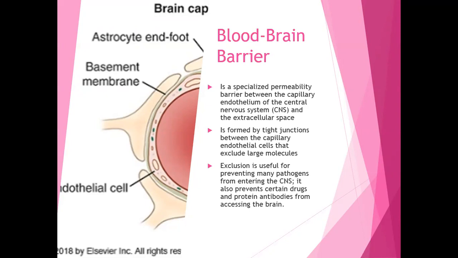Well, they can't get across the blood-brain barrier. So a lot of medications, like the primary medication used in Parkinson's, carbidopa-levodopa, are a precursor form of dopamine because dopamine itself cannot cross the blood-brain barrier. So it's another layer to protect our brain.